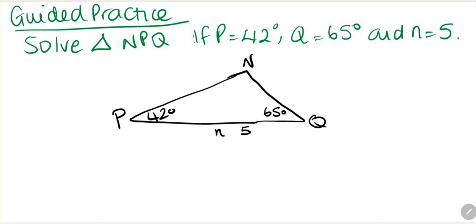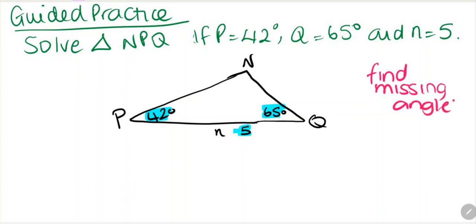So let's have a look. This time we have angle, side, angle. So we can find the missing angle, because in a triangle we know that P and N and Q equals 180 degrees.